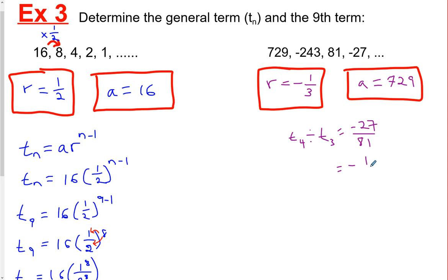That's equal to negative 1/3 when we simplify our fraction. And our third one divided by our second one is 81 over negative 243. And again, that equals negative 1/3 when you simplify the fraction. Okay, so that's how we got our R value of negative 1/3.